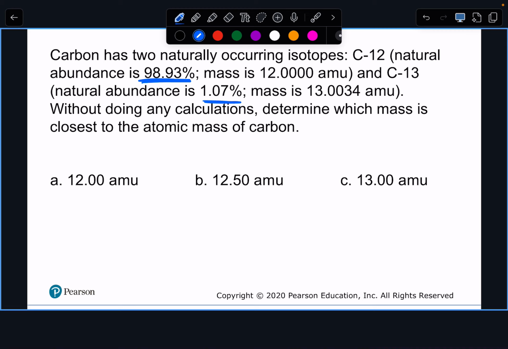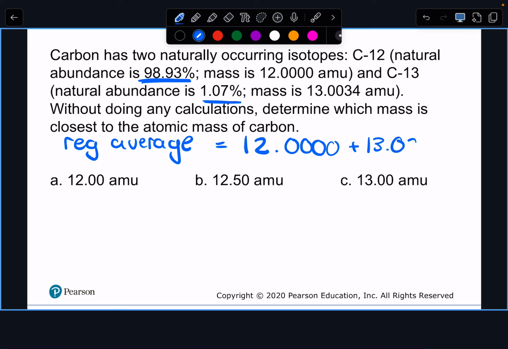So if we were to do a straight average of these two masses, I'm going to call it the regular average, we would take 12.000, however many zeros that is, plus 13, and we would divide by 2. Right? That is the standard form of doing averages.